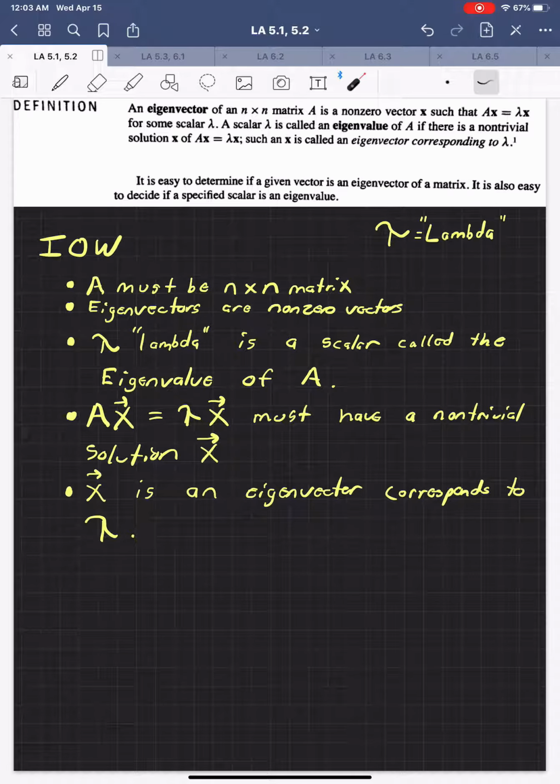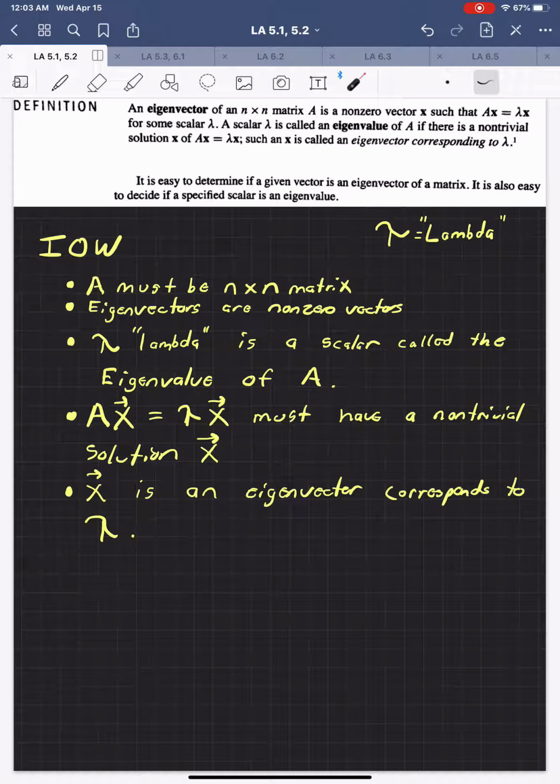And the other takeaways are obviously that your matrix has to be square. The eigenvectors are not zero. The lambda is the scalar, that's the eigenvalue. The following equation has to have a non-trivial solution, right?